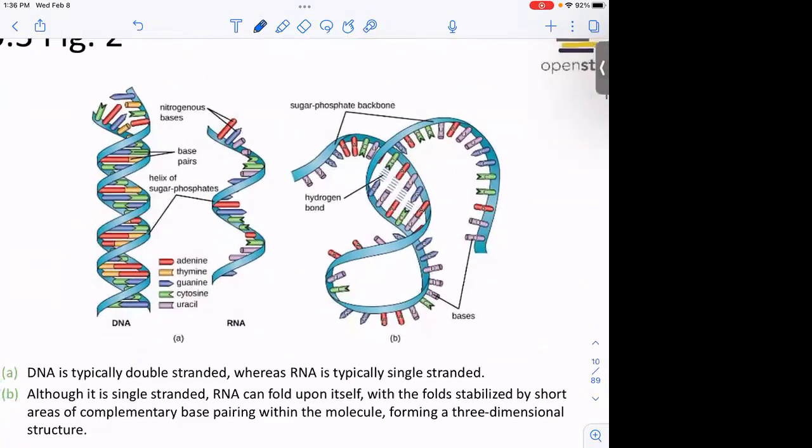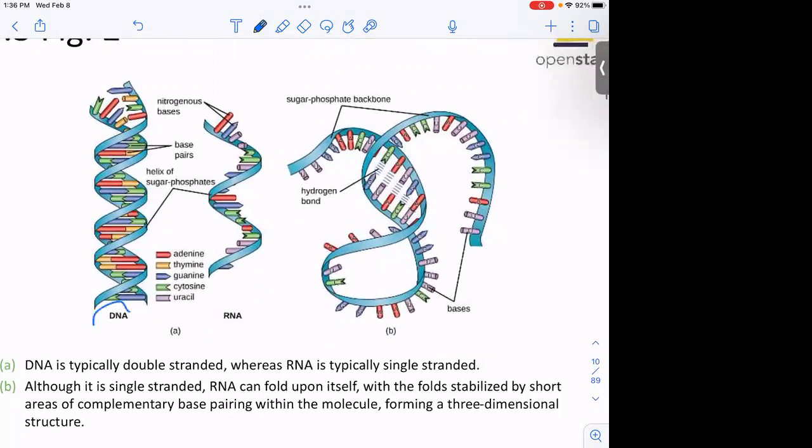Other differences: DNA, of course, is double-stranded, almost always, except in some viruses. RNA is almost always going to be single-stranded.